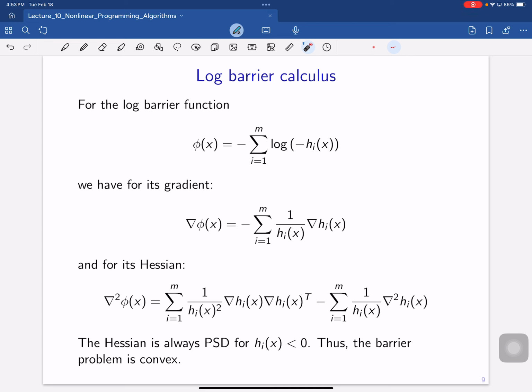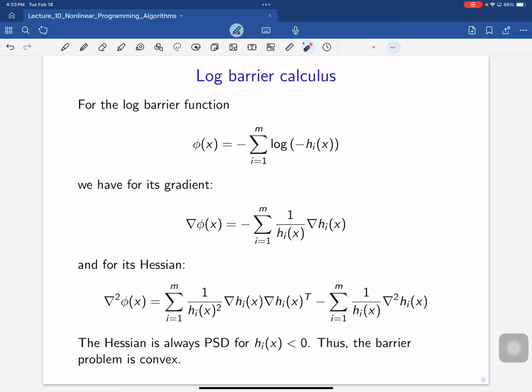If my original problem is convex, and I introduce a log barrier function to approximate it, and the problem now becomes non-convex, then I'm kind of screwed. I turned a convex problem into a non-convex problem. But you can do the math and quickly show that the Hessian of this function phi is positive semi-definite. Then we are good.